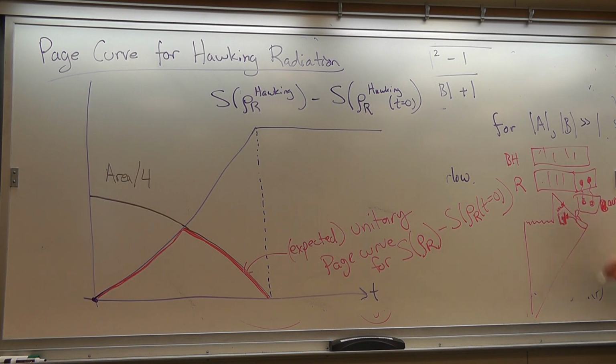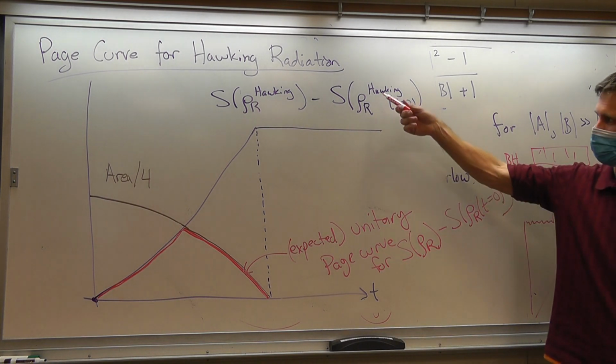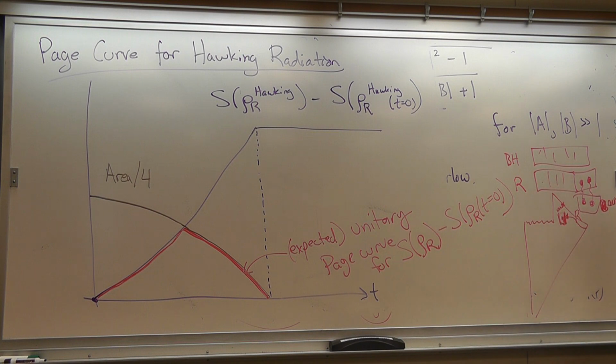That would be a more realistic picture of what the entanglement actually looks like around the black hole. And that contribution is infinite but constant in time. So what we're doing in this picture is we're just trying to get rid of that annoying extra piece.